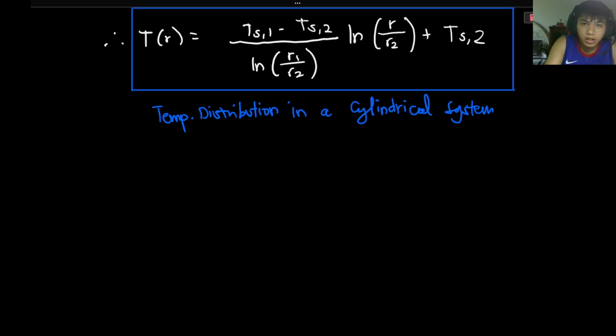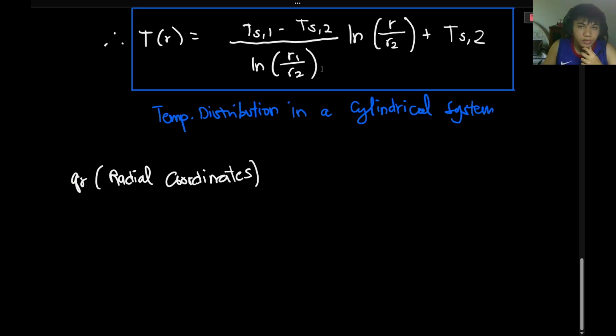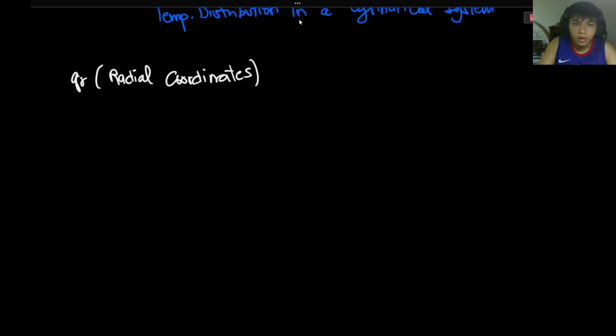So, punta muna tayo sa ating heat transfer. So, it's in terms of yung ating Q of R sa ating radial coordinates. Right? And now, let's say I have a cylinder. So, last time we looked at the cross-sectional area.